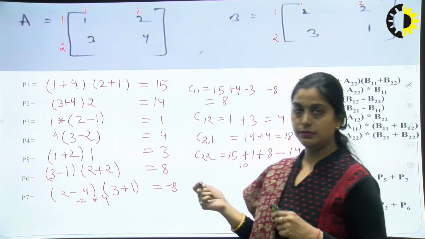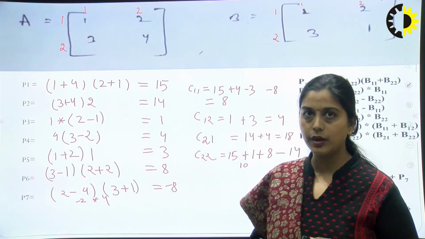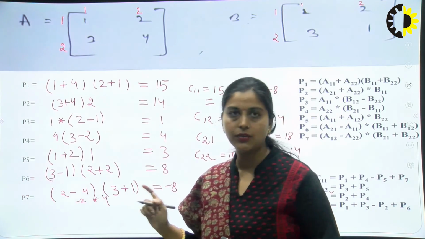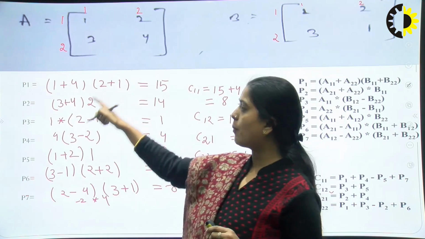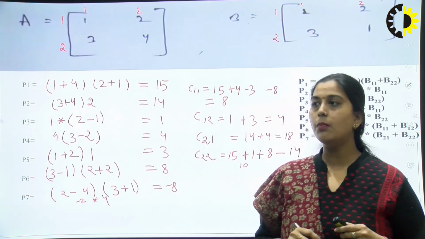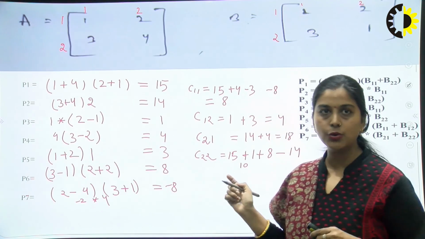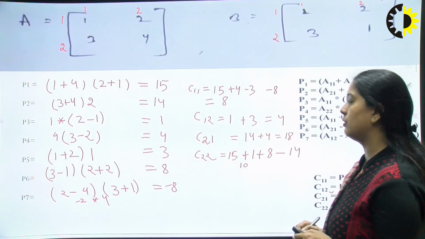So obviously the time complexity is n to the power 3, as we already calculated. But if we are using Strassen's matrix multiplication, then we are performing only 7 multiplications. Then the time complexity of this particular Strassen method is actually less than the iterative method.